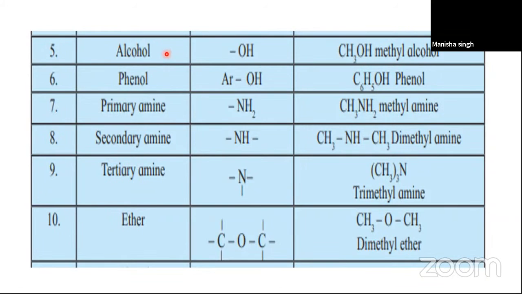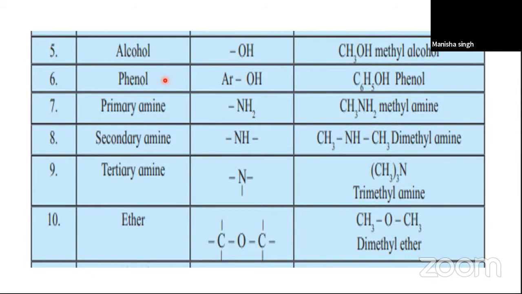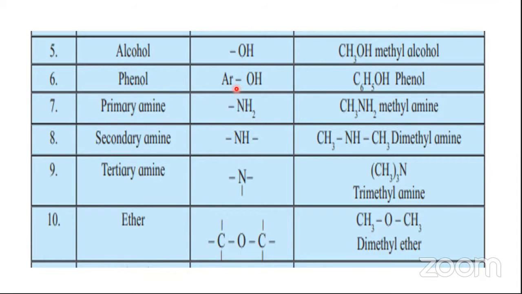So alcohol we have seen. Now the next one is phenol. See, phenol and alcohol both have an OH group in their molecule. But what is the basic difference between alcohol and phenol? In alcohol, the OH group is indirectly attached to the benzene ring.